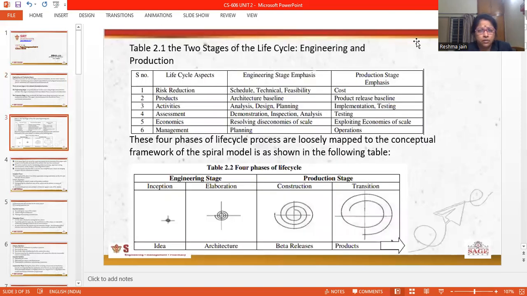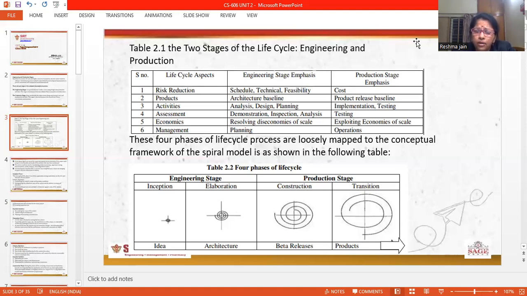This table shows the two stages of the life cycle, engineering and production. There are three columns: the first is the life cycle aspect, the second is the engineering stage emphasis, and the third is the production stage. Risk reduction in the engineering stage covers schedules, technical feasibility, and in the production stage, cost comes under risk.